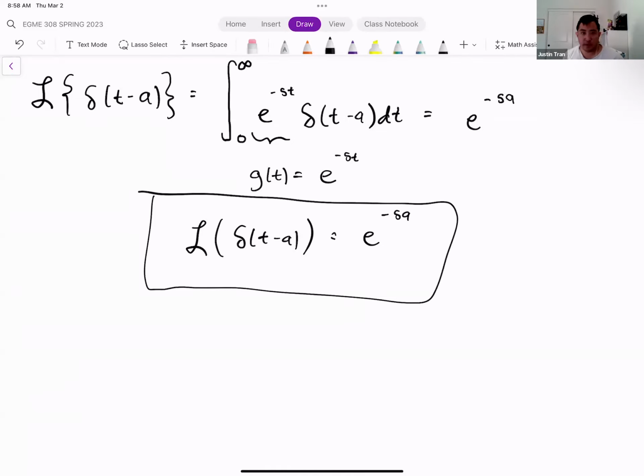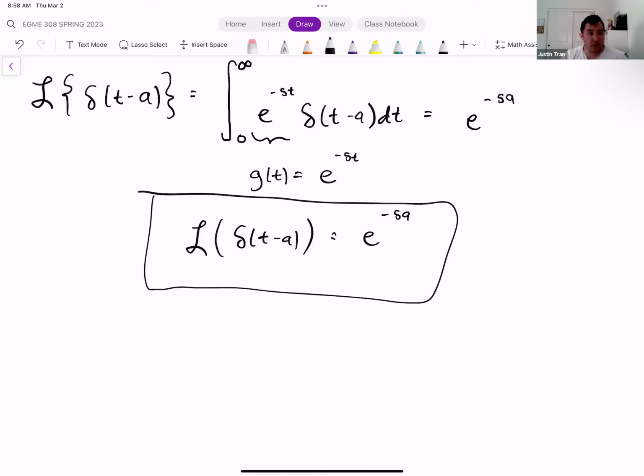Right, so very simple, right? And so it's even simpler than a step function. And what you'll see is that solving problems with the impulse function is a lot simpler as well, because there's a lot less partial fractions that you have to do with the impulse function, which is I think a good reason to celebrate. Okay.